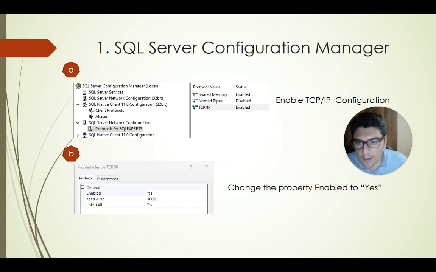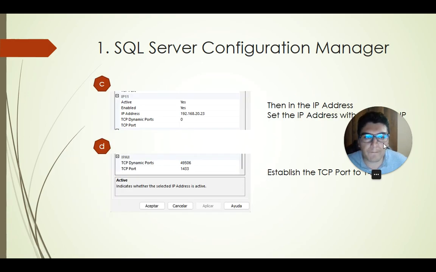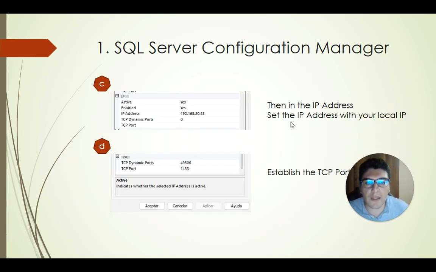In the properties of the TCP, when you right-click on TCP, you have the properties and change the settings in this dialog. Well, the next step is to establish the IP address that you consult in the console.